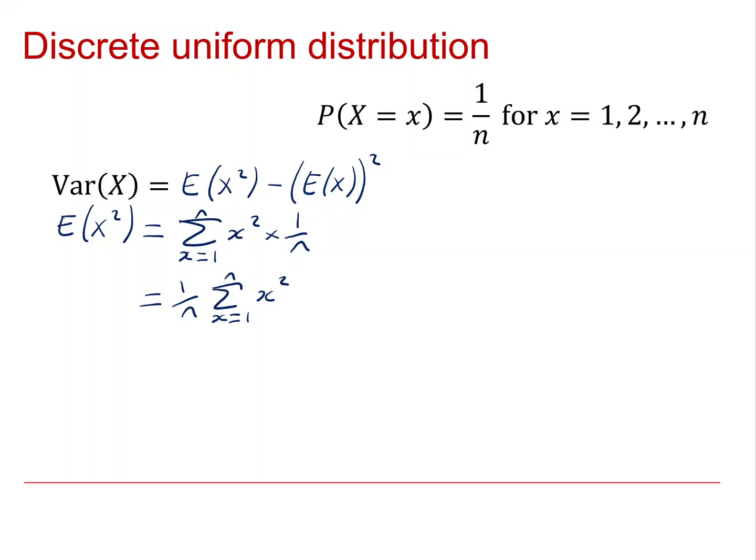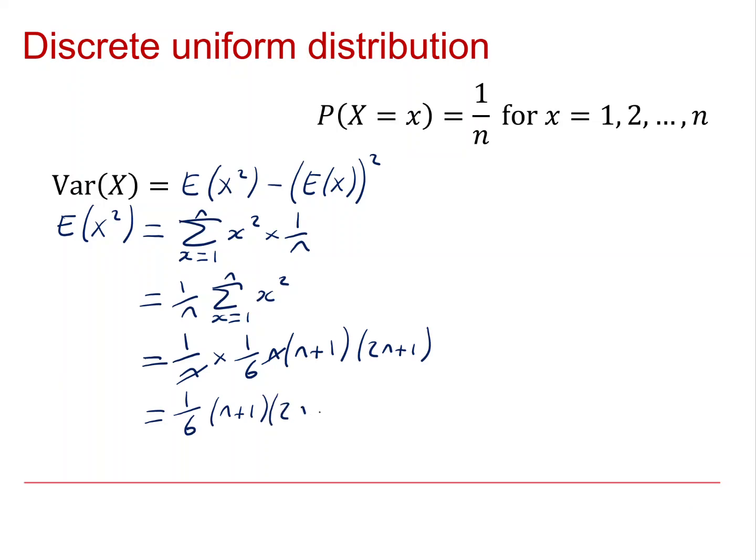And that's another standard formula that is in the formula book, the sum of the squares. So that would be 1 over n times 1/6 n times n plus 1 times 2n plus 1. The 1 over n and the n will cancel out, so we get 1/6 times n plus 1 times 2n plus 1.